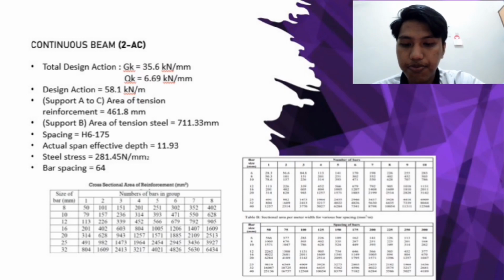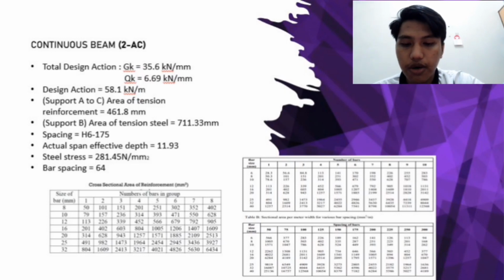Next is for the span A to C. The area of tension reinforcement that I get is 461.8 mm square. So by referring to the standard, I use grade H10 with the AS provided of 471 mm square.